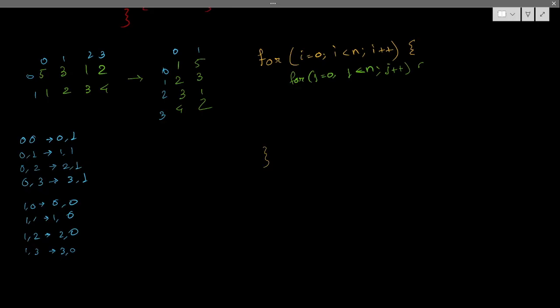This is what we have to do. Now what is my new element? I don't know the new element yet, but I know my old element, old of i, j.